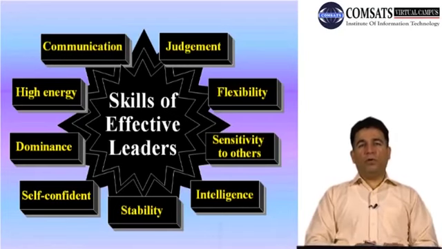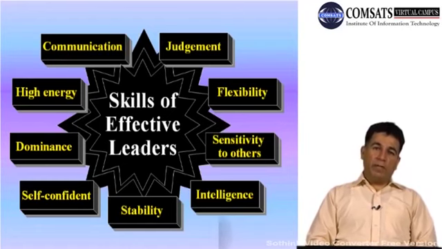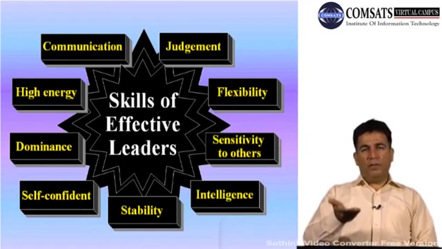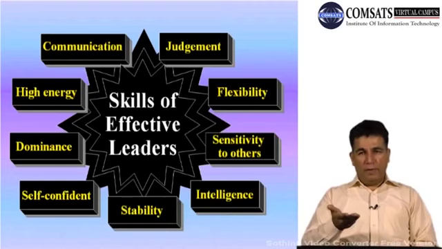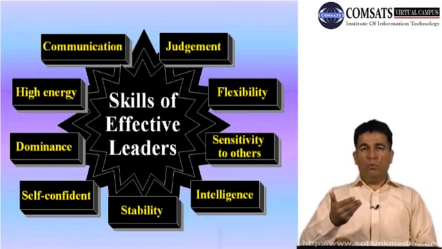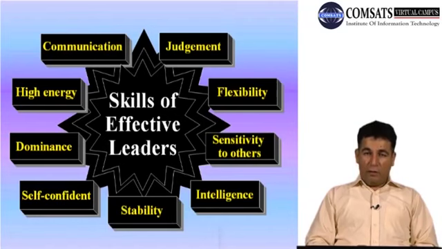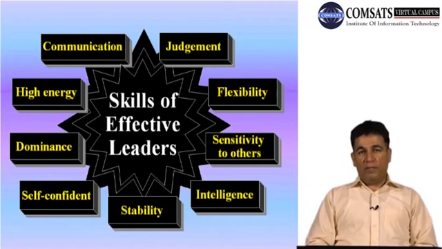The next most important factor is flexibility. People who are flexible have more patience, they can control their temper, and they are good decision makers. So having flexibility is a wonderful skill of an effective leader. People who are not flexible, who are harsh, who lose their temper, are not fit for becoming a good leader. Becoming an effective leader also means that you should be a flexible person.